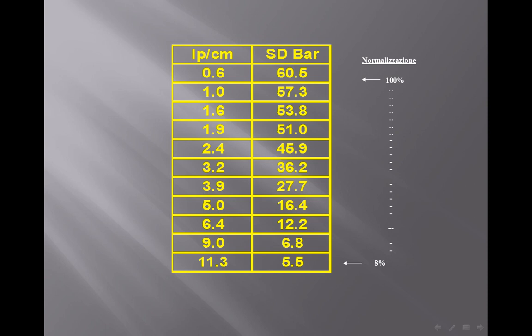After that, I will do normalization of the standard deviation values. Normalization means I will divide 60.5 by the same value, 60.5, to get 1, which is 100%, and divide every standard deviation by the maximum, 60.5.